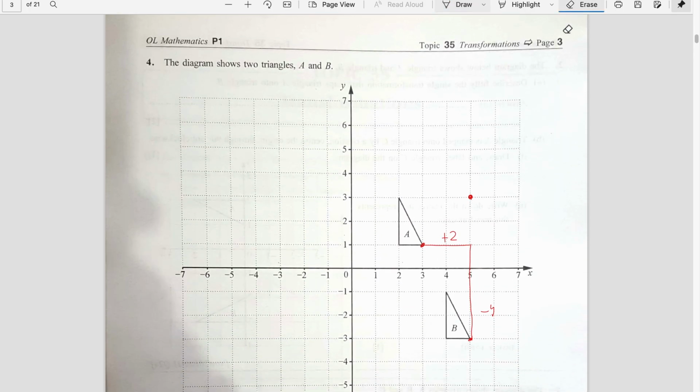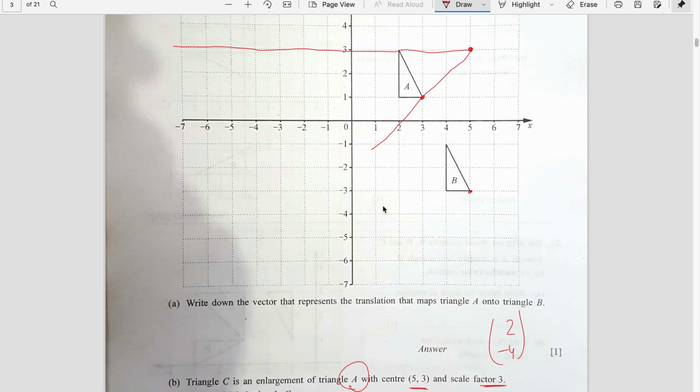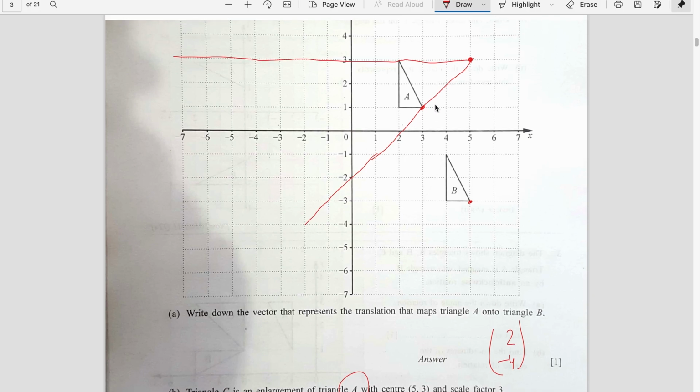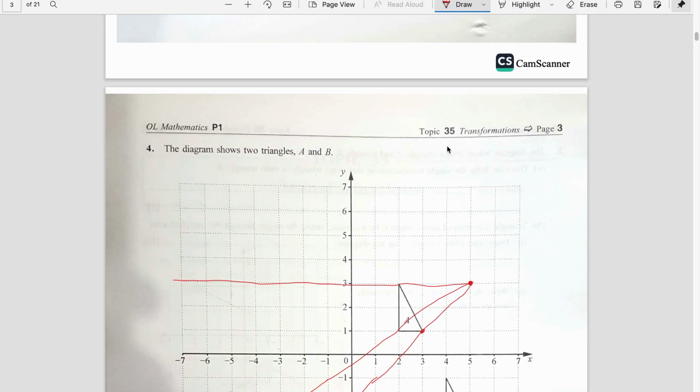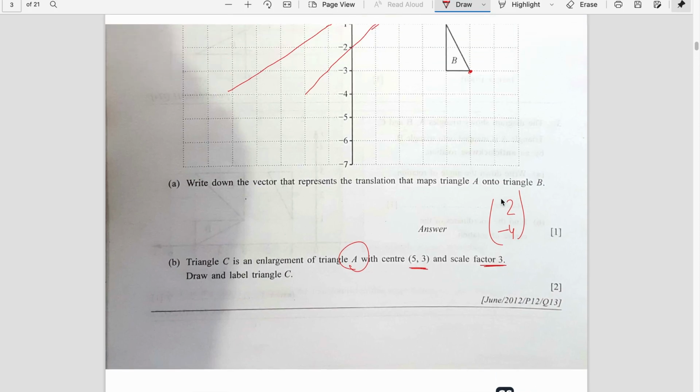Now all you have to do is pick up your scale and pencil and draw the lines and extend them. So join this line and extend it. Then join the second line and extend it. Then we join it with the third line and we extend it, and our scale factor was 3.